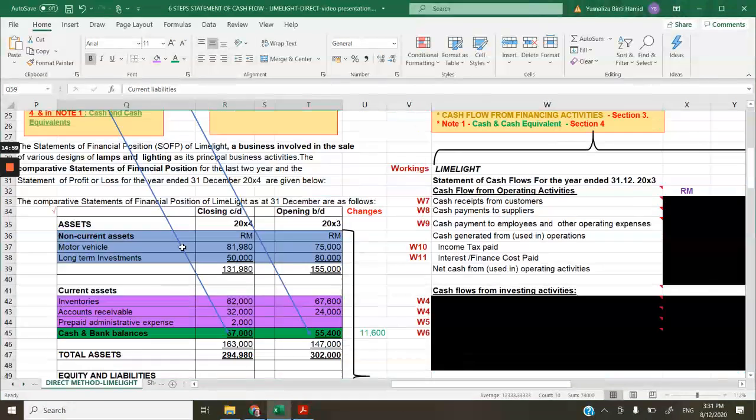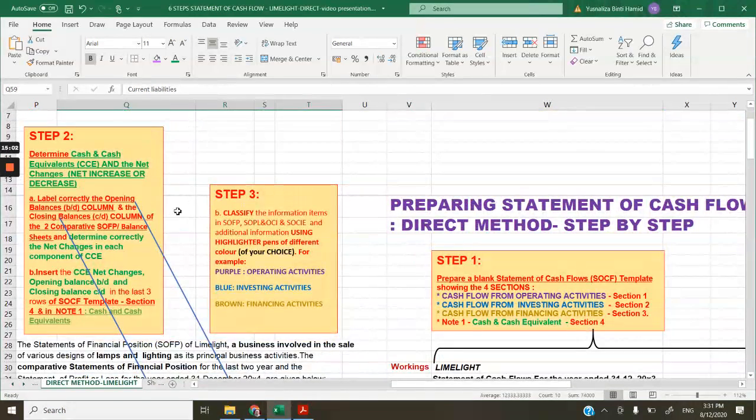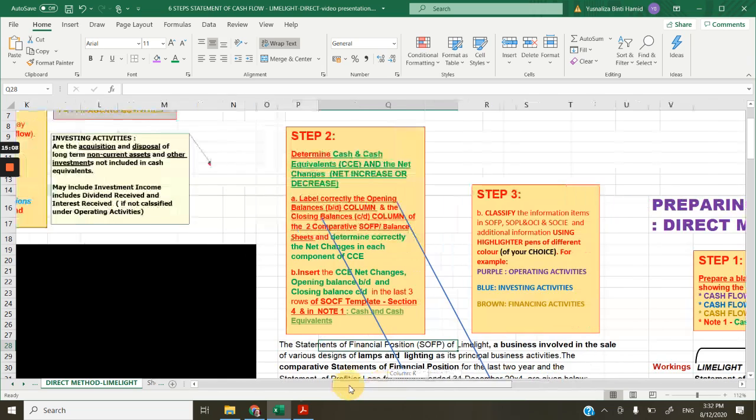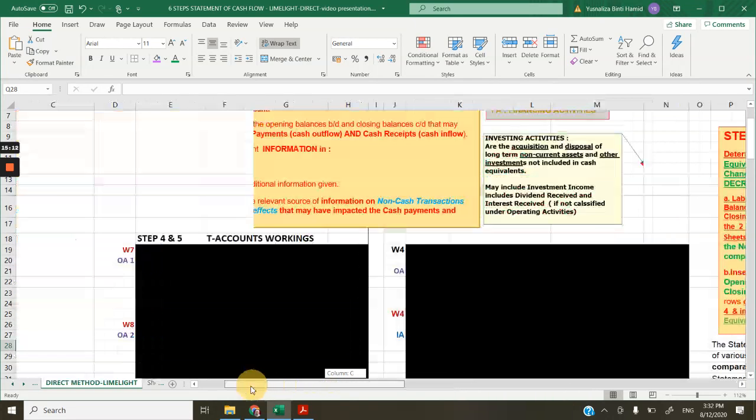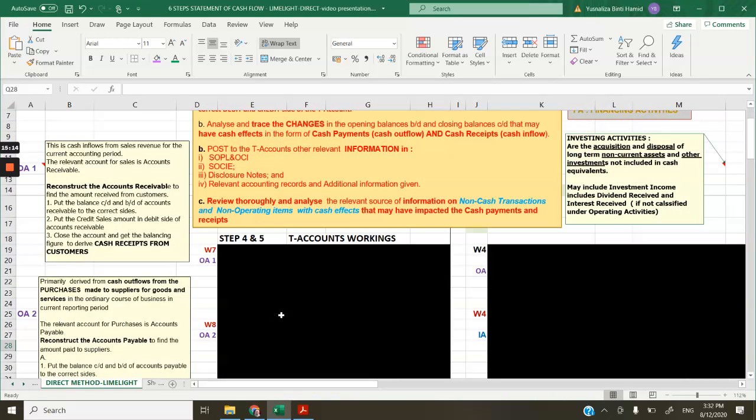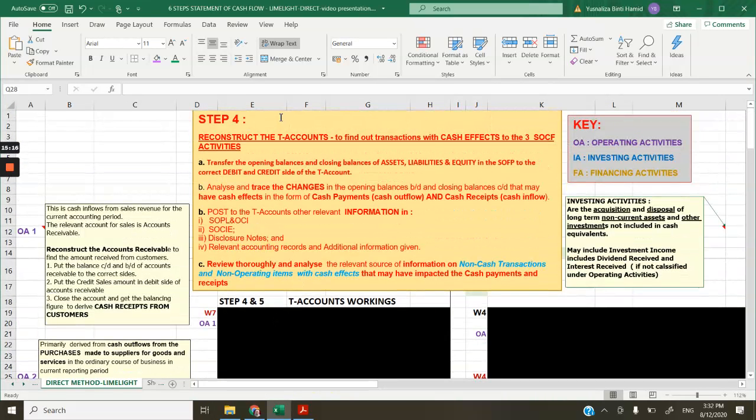After you have done that, that is step 3. We now do step 4. What is step 4? Step 4 is for you to reconstruct your T accounts. Why do you need to reconstruct your T accounts? Because you want to trace those transactions that have a cash effect on the 3 activities that we have classified.